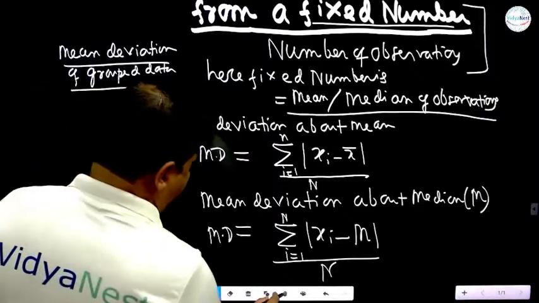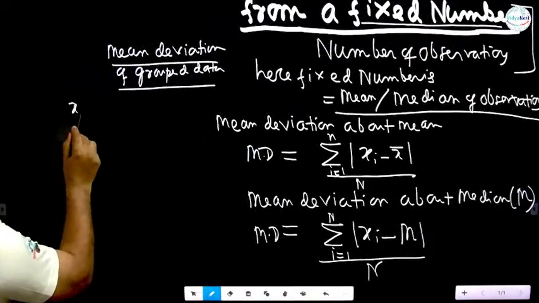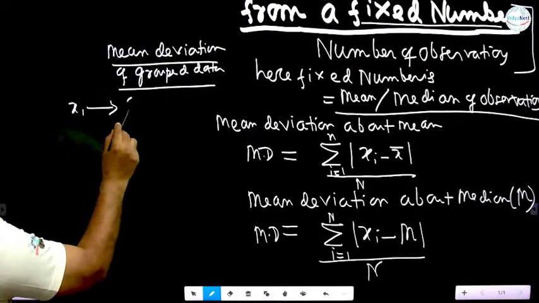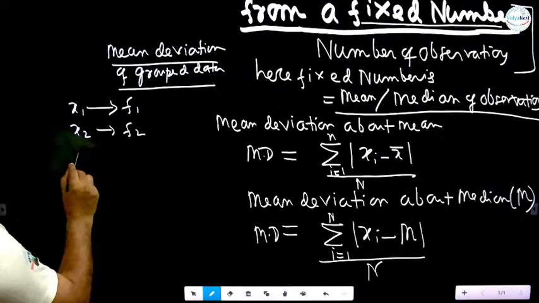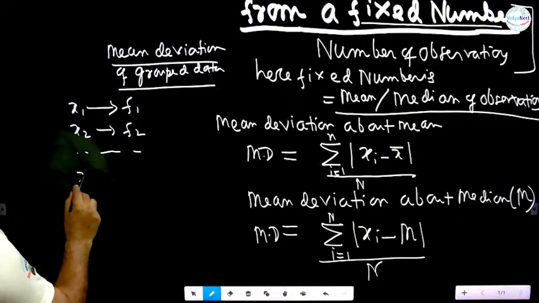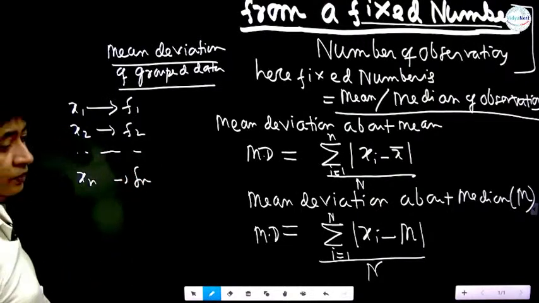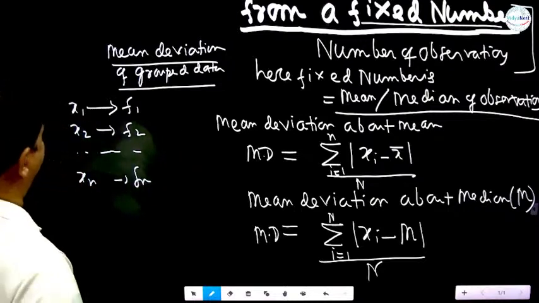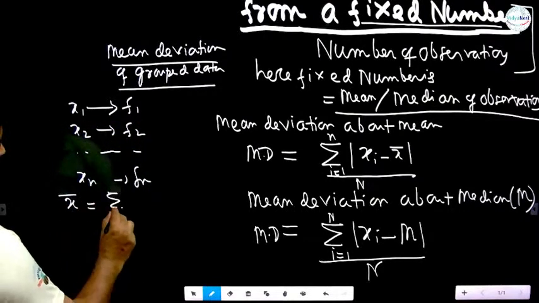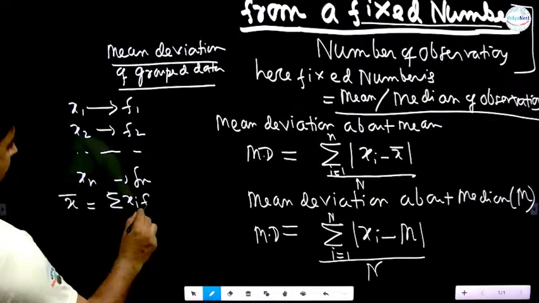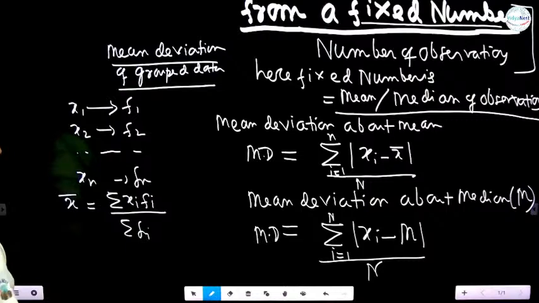Suppose there is an observation, say x1, f1, x2, f2 up to xn, fn. So in junior class you are taught mean is summation of xi fi by summation of f.